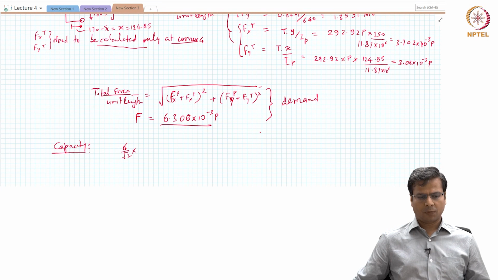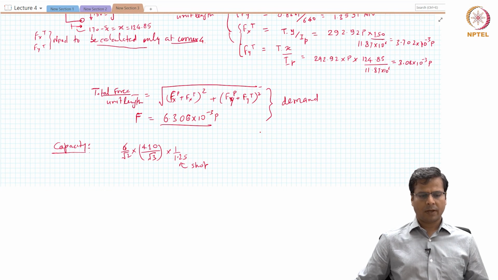Then as per the Indian code, the strength is governed by Fu divided by root 3. This is the material strength that we would use. Fu is the ultimate stress of the parent material, and root 3 is the factor for von Mises stress, divided by 1.25. This is the gamma value that represents the shop welding.